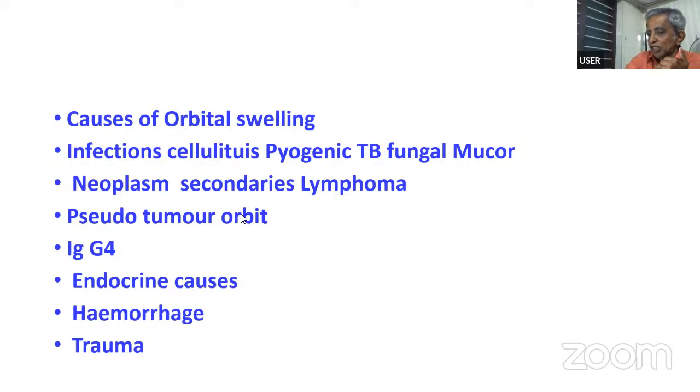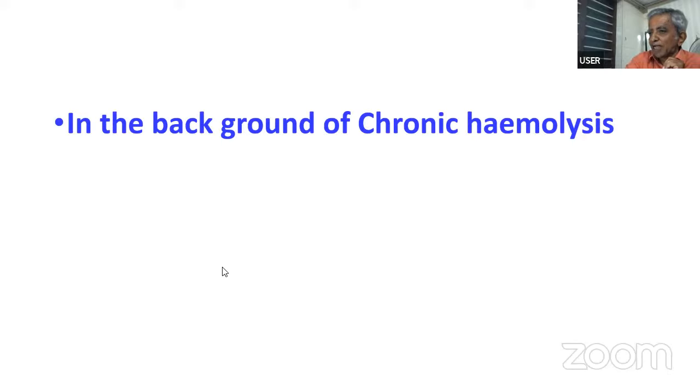There is no pseudotumor orbit. There are no features of IgG4. There is no endocrine cause. Hyperthyroidism is not there. There is no hemorrhage, no trauma. In this background of chronic hemolysis, secondary lymphoma mets you can postulate, but there is another beautiful diagnosis. That's what I want you to tell.